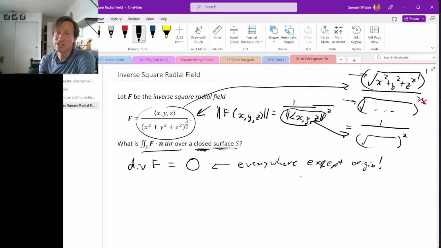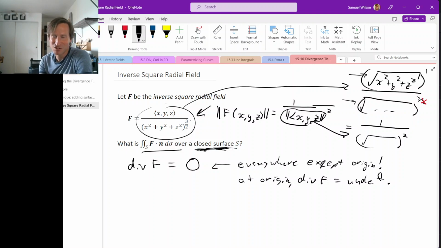Right, at the origin, it's undefined. So at the origin, the divergence of F is undefined. So actually, right, we were hoping to use the divergence theorem, but if our surface encloses the origin, well, we can't use the divergence theorem because divergence is undefined at the origin.